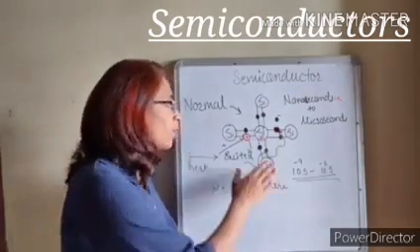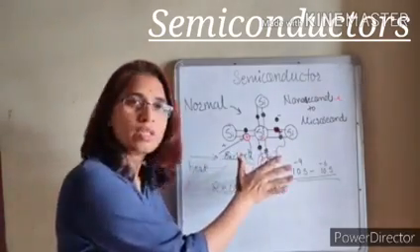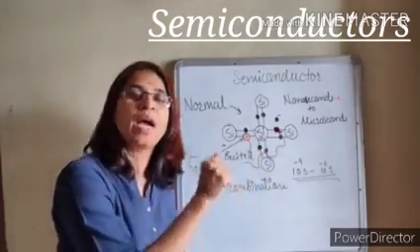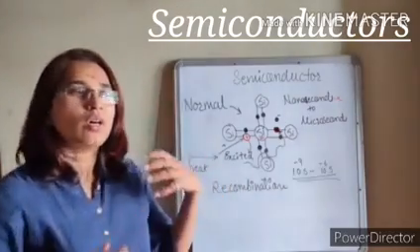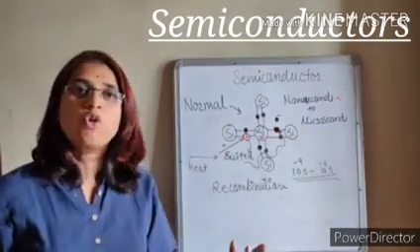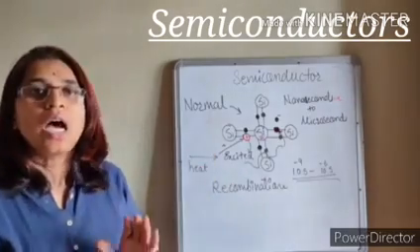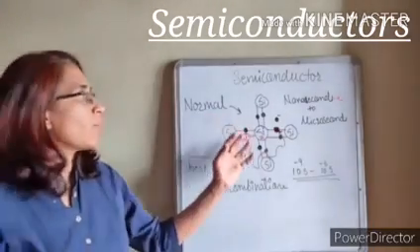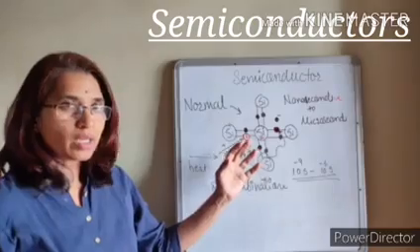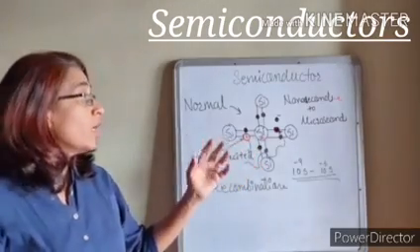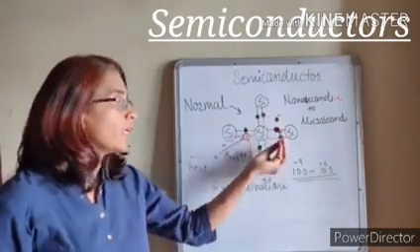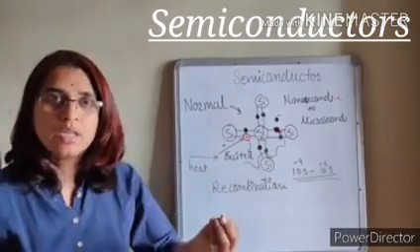Now we are talking about the silicon crystal, which is a semiconductor, and this crystal creates some electron and hole pairs after applying thermal energy. This happens only in the pure type of semiconductor. Now these generated holes and electrons are very few.